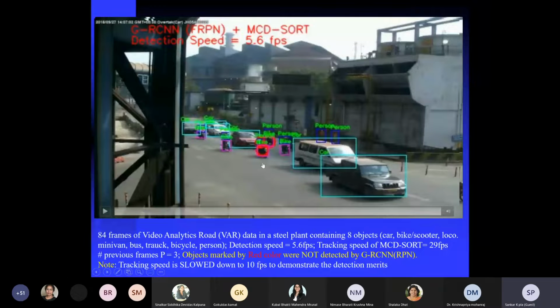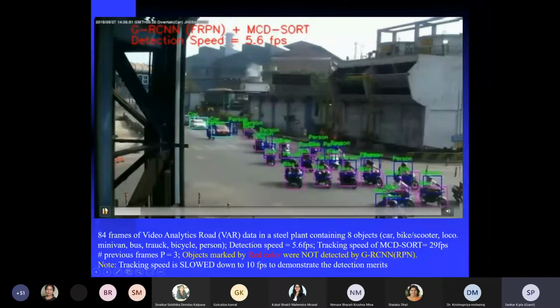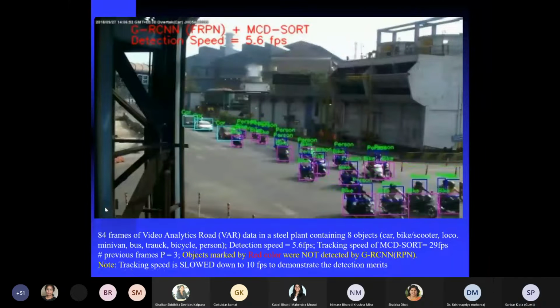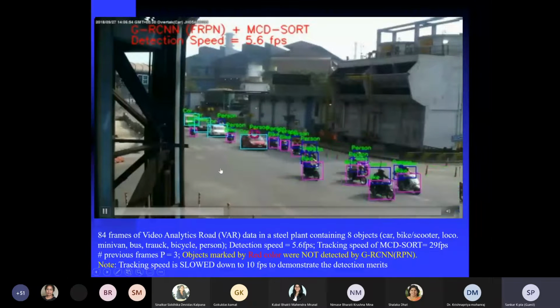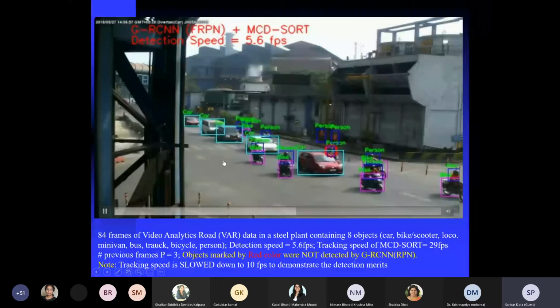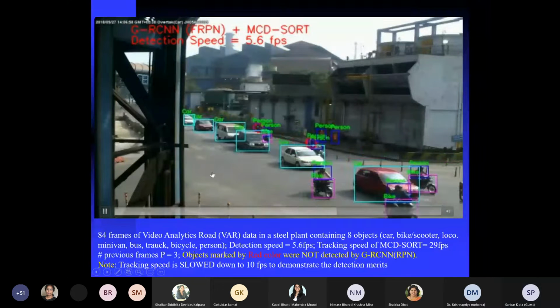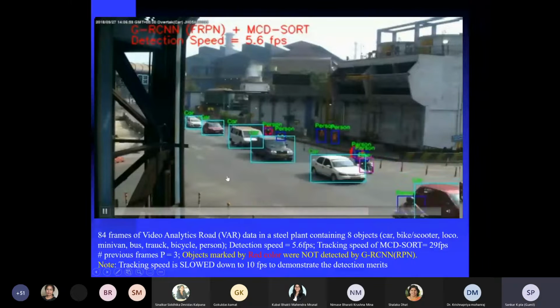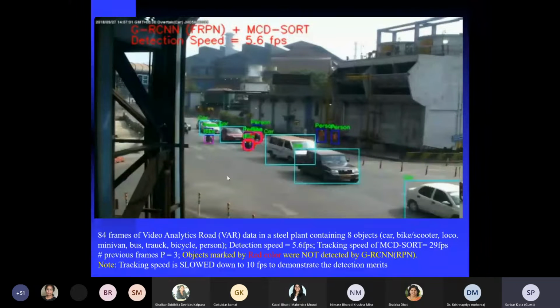That means just considering spatial information is not enough. You have to take spatial and temporal information. I'm showing again. This red color is coming out. Person, so they are all occluded. So many new objects are being tracked.